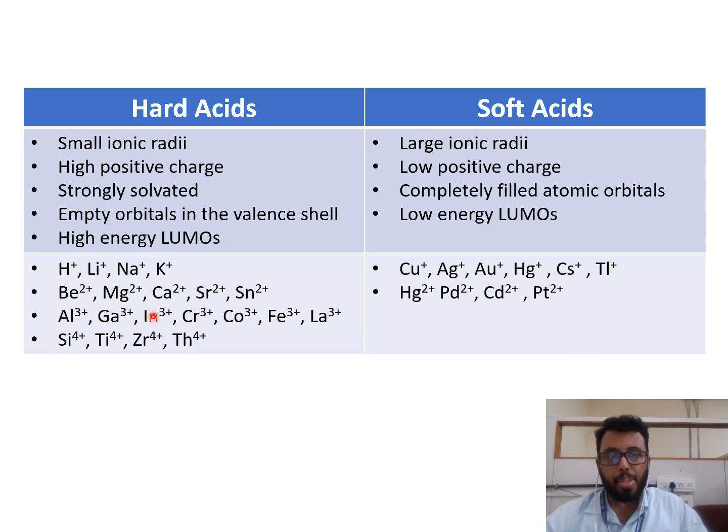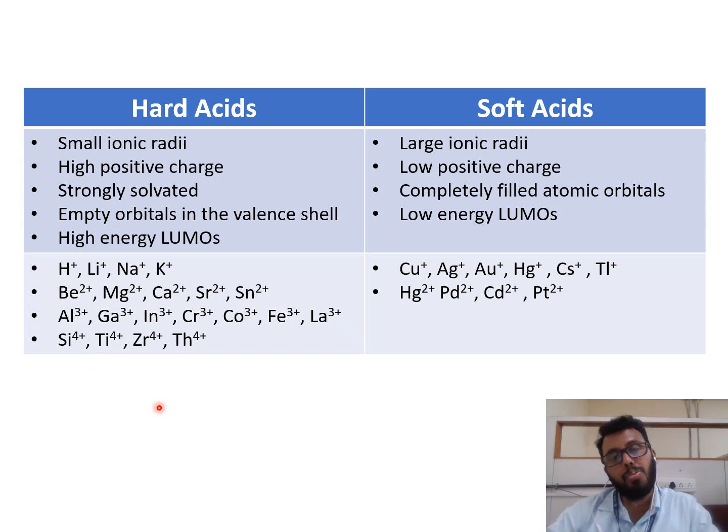And similarly, for the smaller ionic radii, other than alkali metals, alkaline earth metals also have smaller ionic radii, like beryllium, magnesium, calcium, strontium, and tin. And also the trivalent cations like aluminum, gallium, indium, chromium, cobalt 3 plus, and also iron and lanthanum. Similarly, silicon, titanium, zirconium, and thorium.